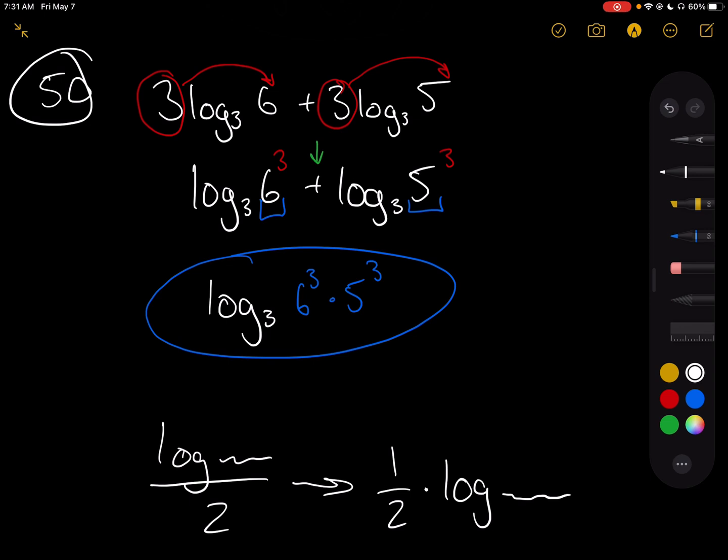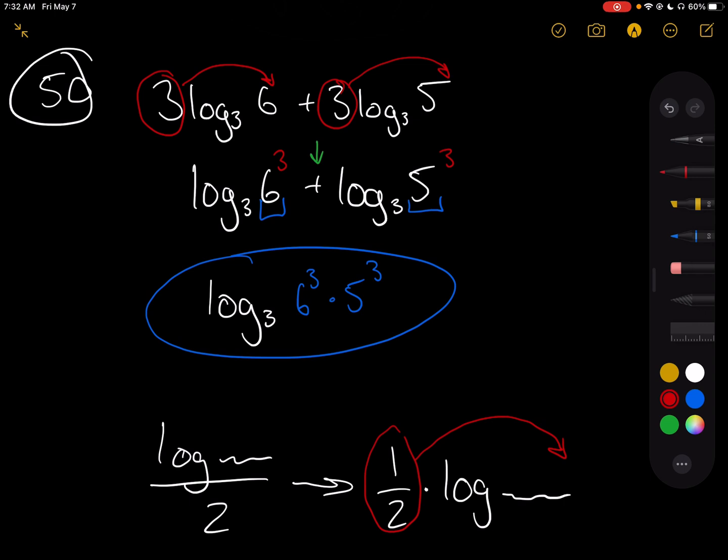So I'm just pulling the divided by 2 out as a multiplied by 1/2, and then you can take that 1/2 and throw it up as a power by undoing the power rule. Basically the opposite of taking a square root and turning it into a power. Now we're taking a power of 1/2, and it's going up, and that's as far as you need to go. So you'll need that for 52 and 53.